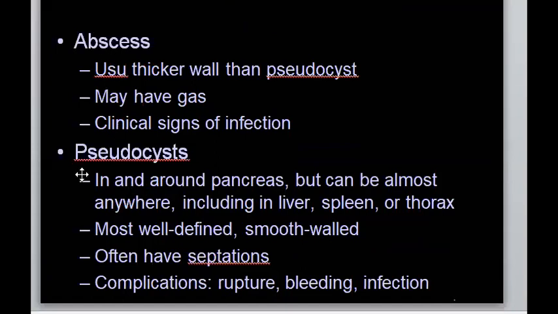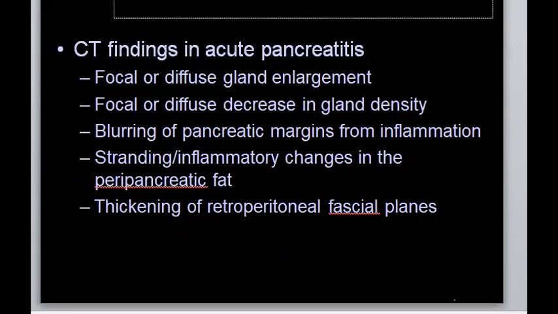So abscess or pseudocyst, they say that if you find the gas, then there is a sign of infection, then think about abscess. Okay. Pseudocyst, we mentioned rupture, bleeding, infection. Yeah, I know, Marwa, I know. This is just a selected image, so I agree with you that we don't have a pancreatic phase. Okay.